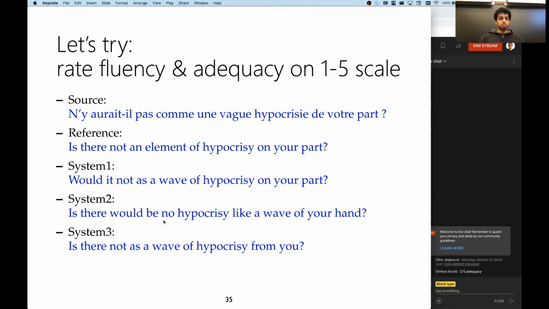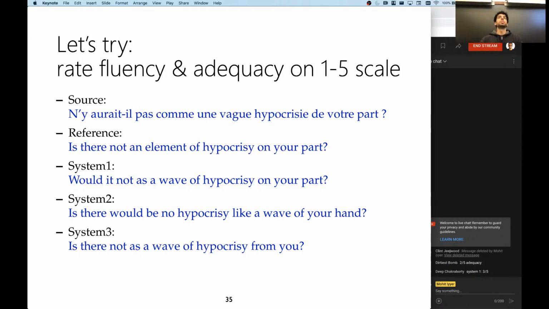Is there would be no hypocrisy like a wave of your hand? How many of you think this is a 1 out of 5 in terms of adequacy? All right. How about 2 out of 5? Okay, I think that was the whole class. Let's also rate this one in terms of fluency, where 1 is completely incomprehensible and not grammatical, and 5 is totally fluent.